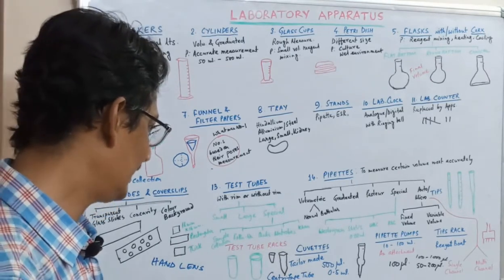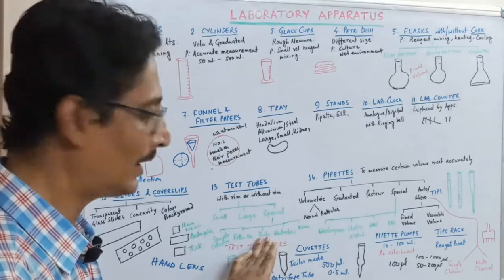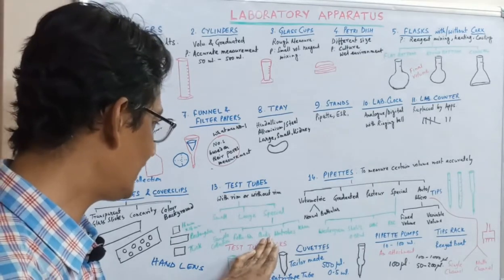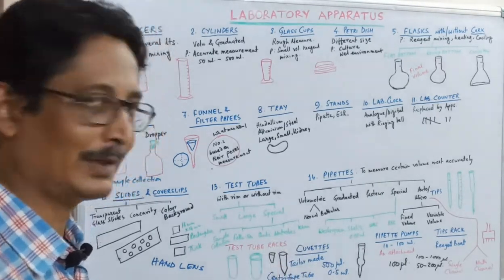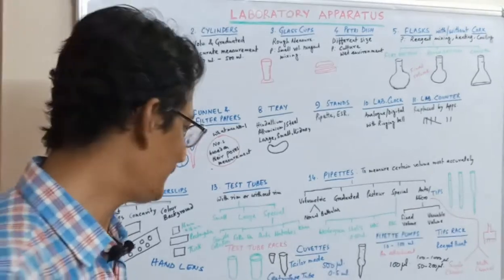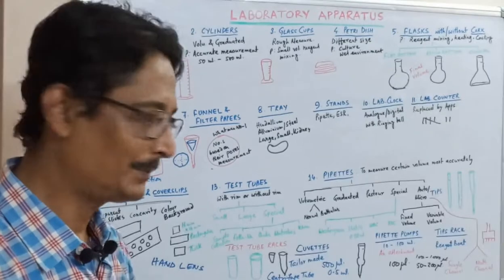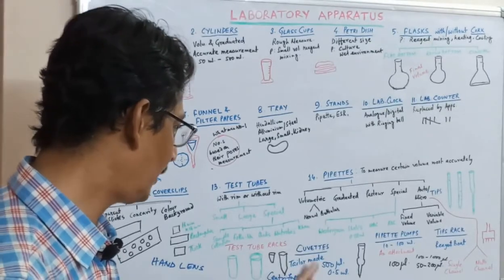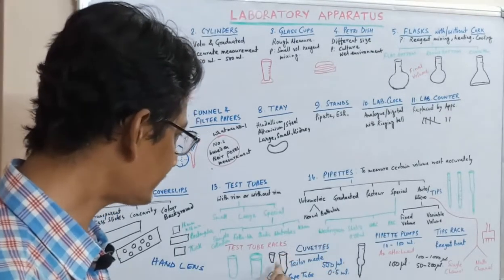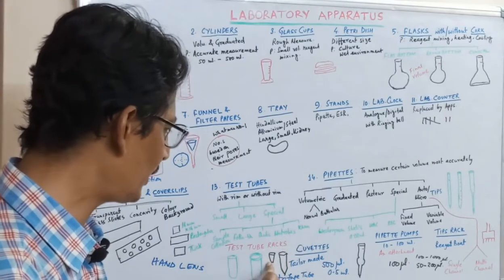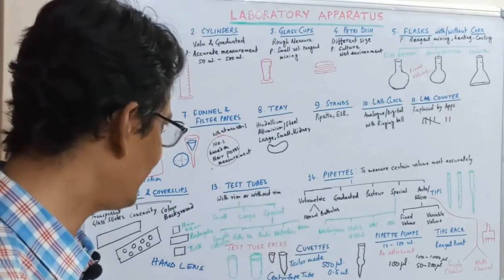The Wintrobe tube is for the hematocrit test, or in other words packed cell volume. And the Kahn tube is also a small conical tube, but it is now a backdated concept.